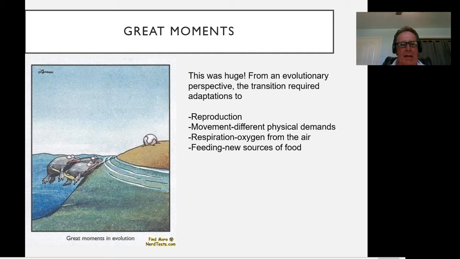Thinking about this for just a minute, living in water is a unique adaptation, but the transition from living in an aquatic environment to a terrestrial environment means that organisms making that transition have to have biological revolutions, changing their mechanism of reproduction.